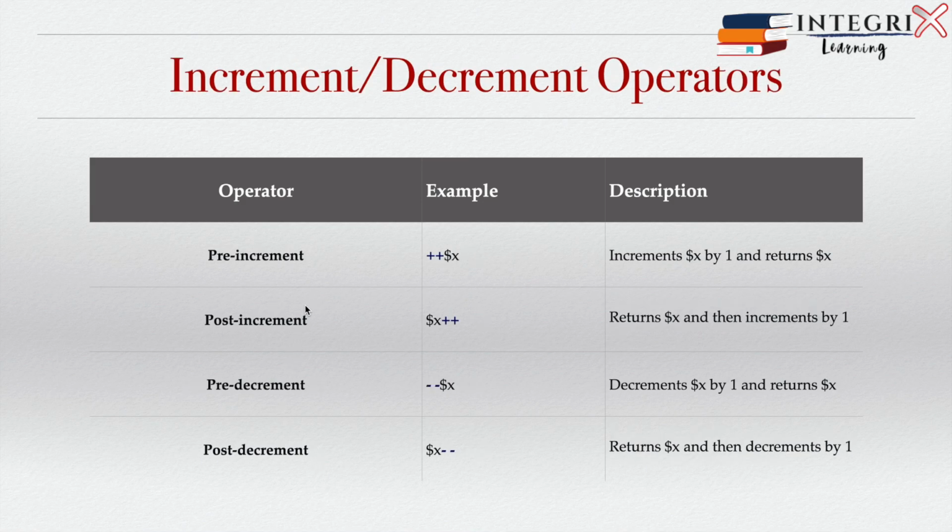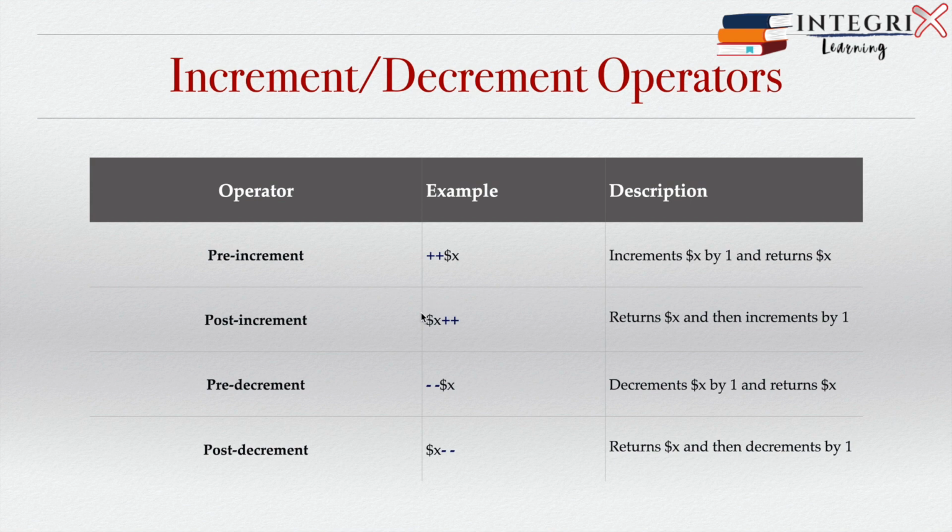Oftentimes we'll have situations where we will increment a certain number. Pre-increment increases this variable x by 1 and returns the value. Post increment is denoted by a variable followed by consecutive plus signs.